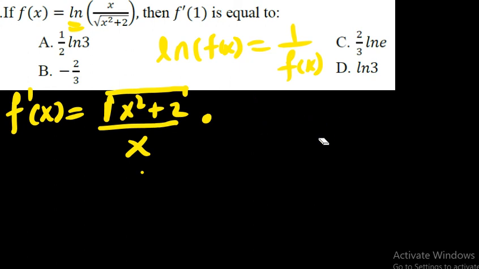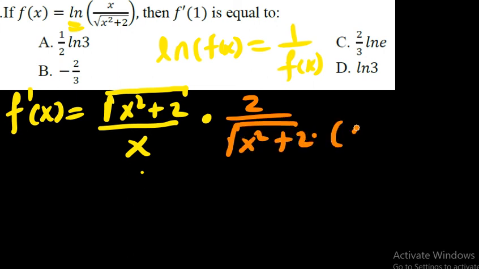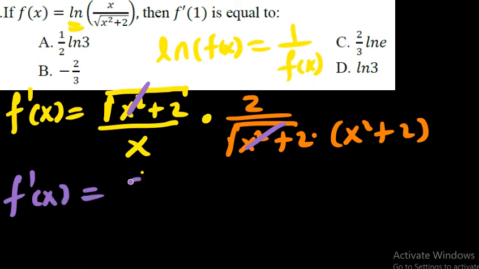So what do we have? Remember, it is 2 over the square root of x square plus 2 times x square plus 2. That means we can cancel x square plus 2 with x square plus 2. So f derivative of x becomes now 2 over x times x square plus 2.